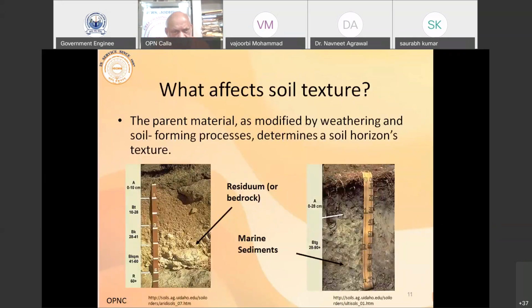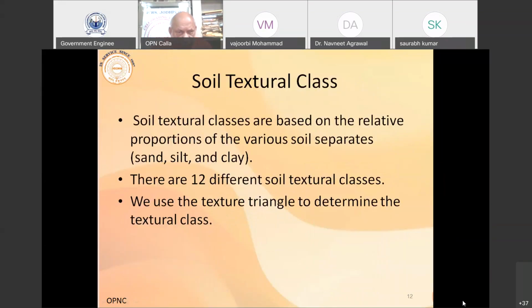Here you see the effect of soil texture. You see bedrock, and on this side is marine sediment. So this is how the parent material has been modified by weathering and soil forming processes to determine soil texture. Then again, it's a texture class.